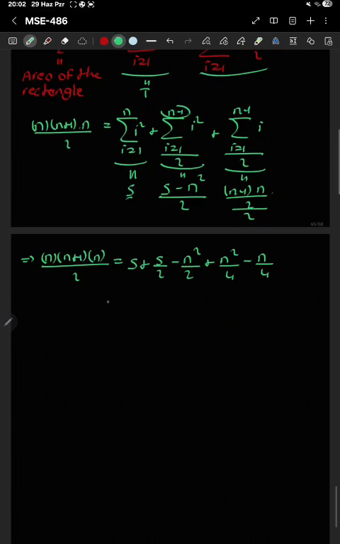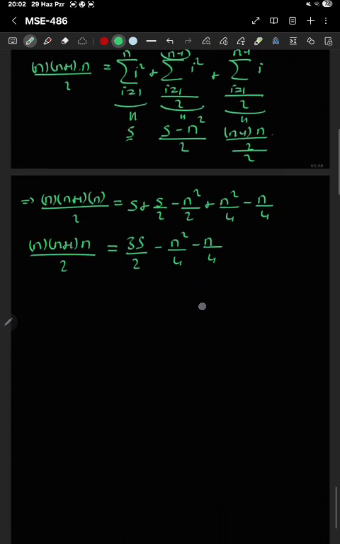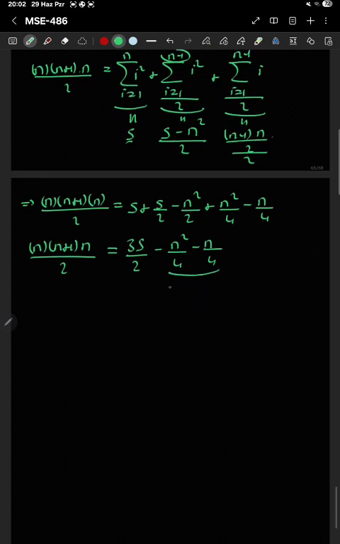So what if we do these calculations? We get 3s over 2 minus n squared over 4 minus n over 4, and this is n times n plus 1 times n over 2, right? So what if we add these ones to this side? I think we get n times n plus 1 times n over 2.